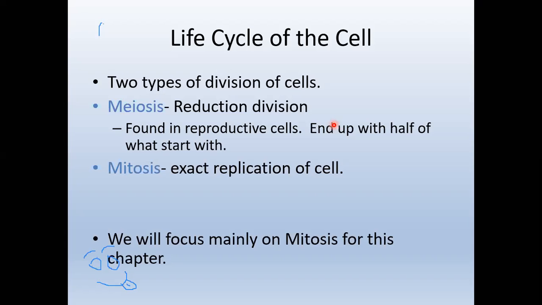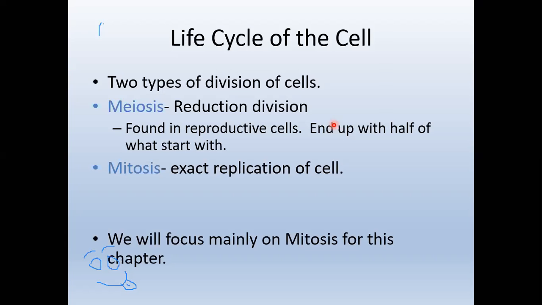Meiosis is where we have multiple cells contributing, and the cellular offspring is not identical. It can't be, because you got a little bit from your mom and a little bit from your dad. They got a little bit from their parents, and so on and so forth from the dawn of time. That's not what we're discussing here.